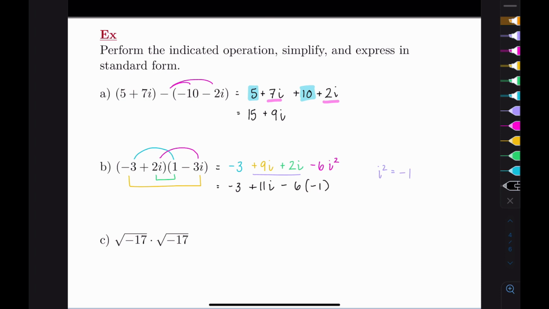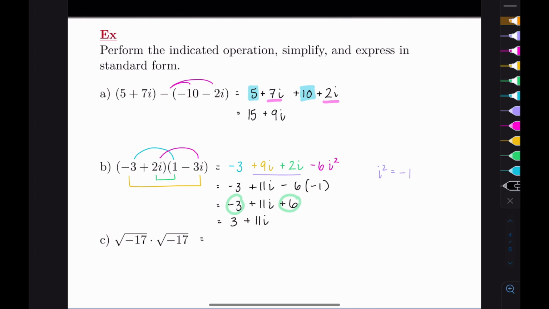I can replace i squared by -1, so this gives us -3 plus 11i, and that turns into plus 6. -3 plus 6 gives us 3. So fully simplified, this turns into 3 plus 11i.